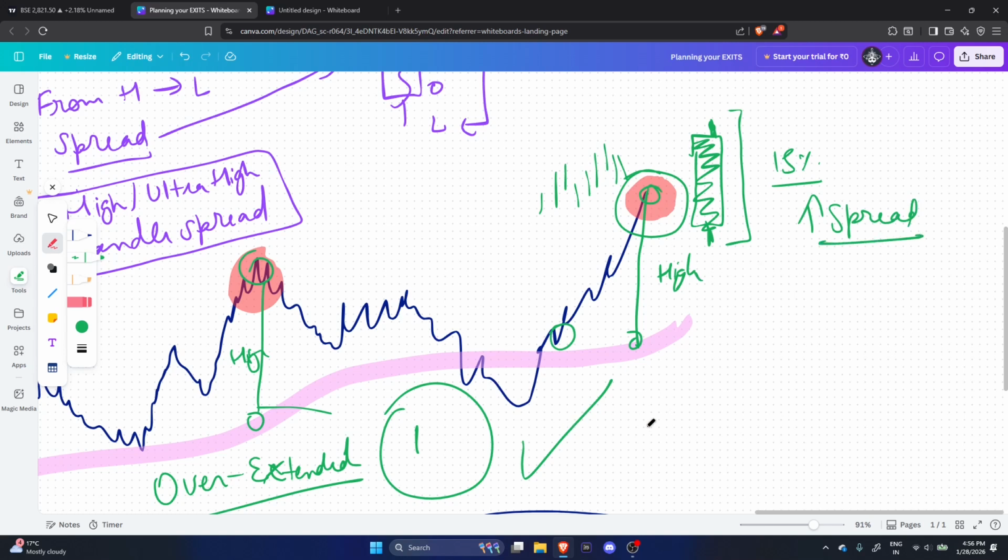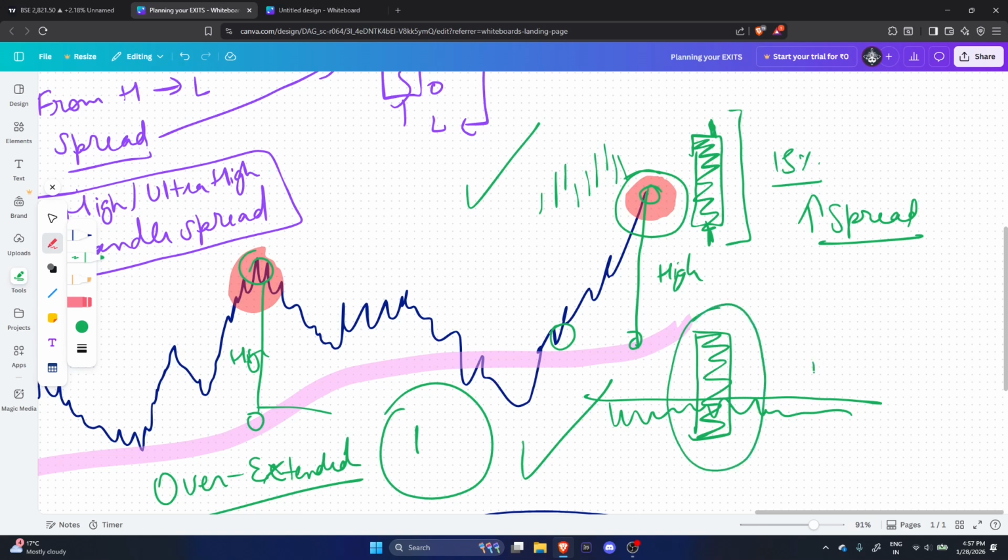This is where I want to see the volume indicator. The volume should also be pretty high, something like this versus the average volume. So your criteria number 1, market is extended, is met. Criteria number 2, ultra high volume, met.